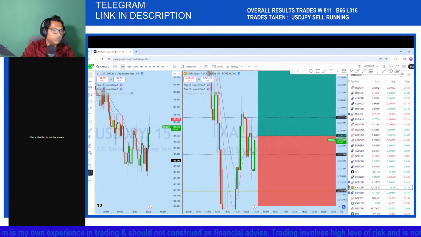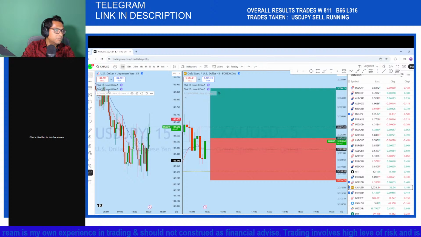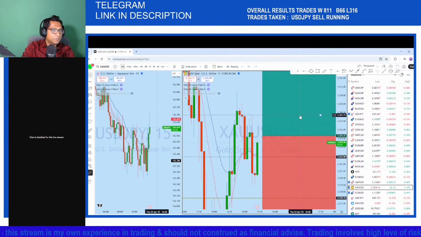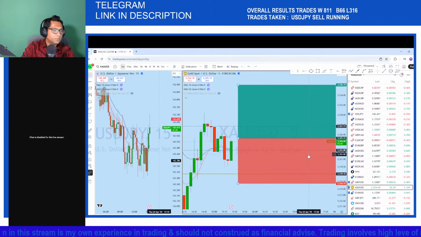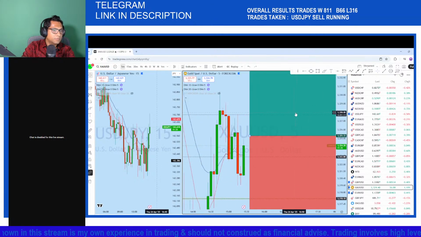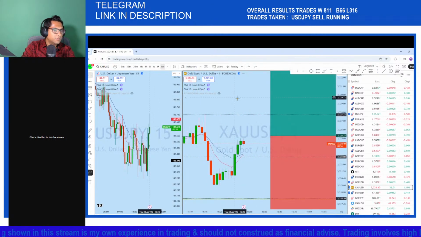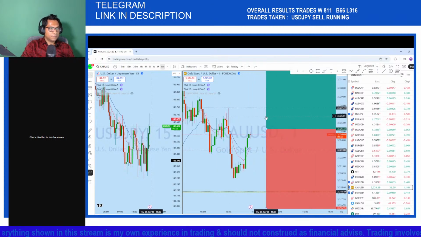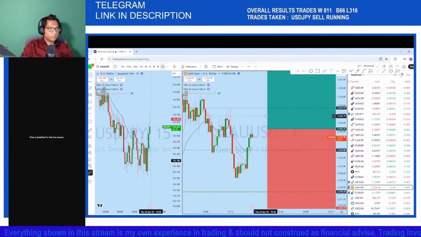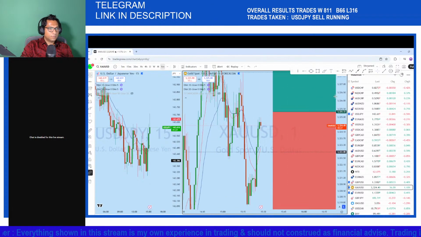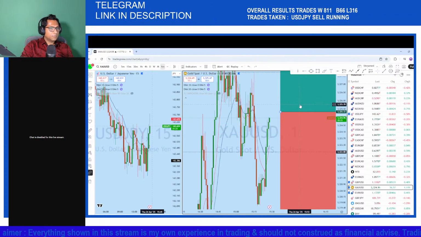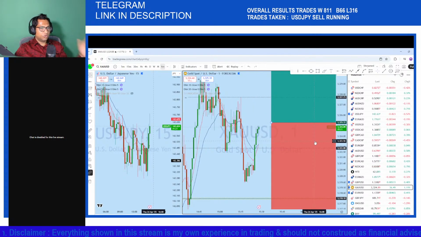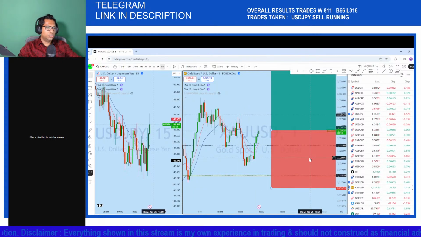Are you guys with me with this trade? It is still possible to have a strong bullish trend.